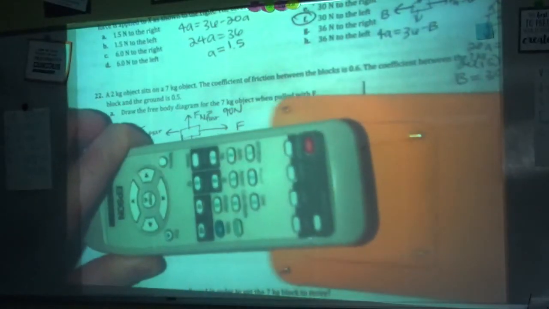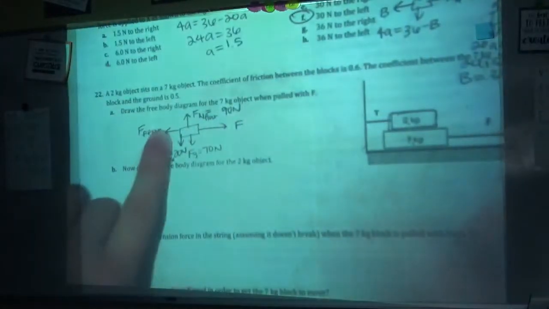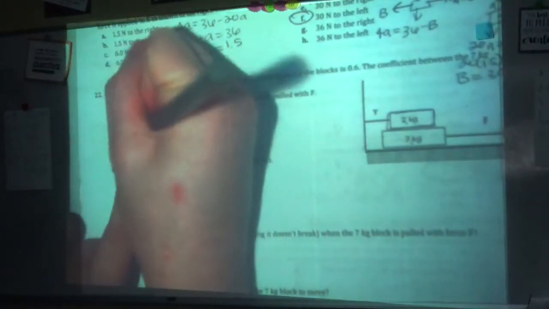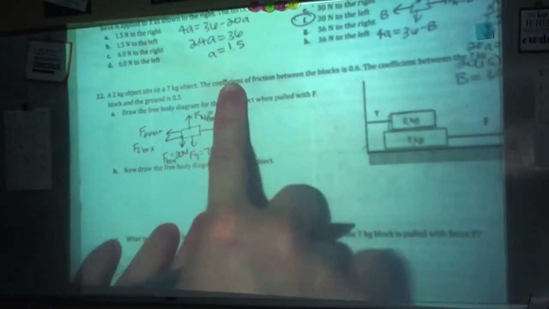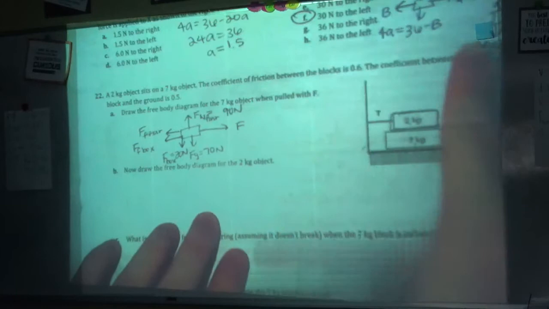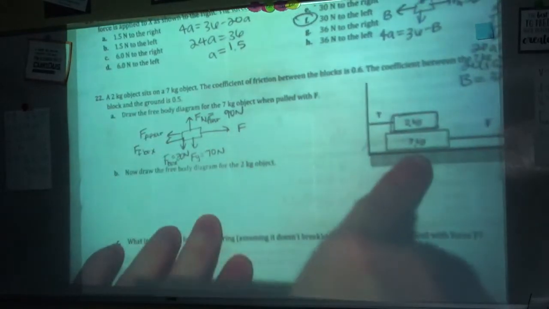So I have friction between the calculator and the paper and between the calculator and the remote. So there's friction on both sides where it's rubbing materials that would slow it down. So I have friction on the floor and I have friction between the boxes, which I know there's friction between each because it gives me the coefficient of friction between the blocks and between the block and the ground.